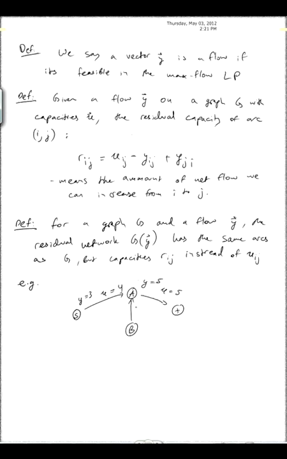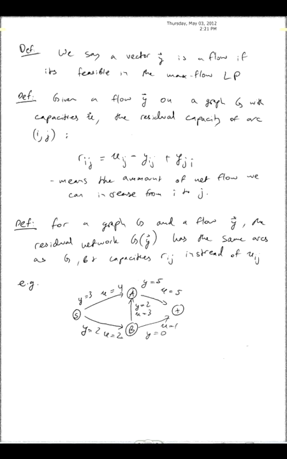From B to A, currently we're sending 2 trucks, and the capacity is 3. From B to T, the capacity is 1, and currently we're sending 0. From S to B, currently we're sending 2 trucks, and the capacity is 2.